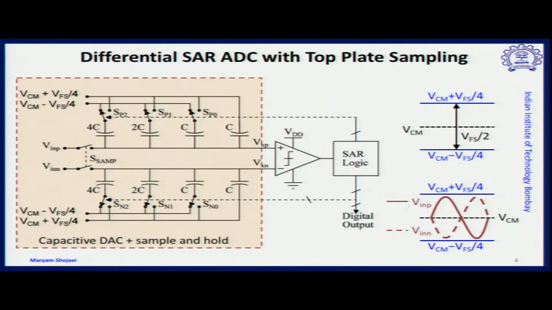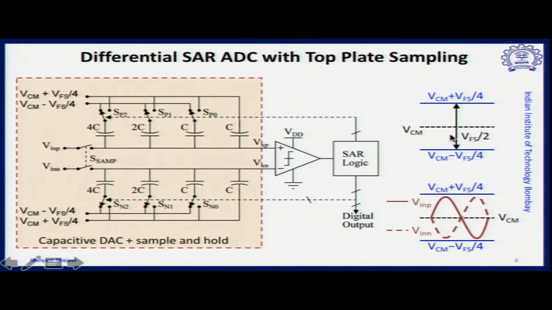In this slide, you see the main structure of the SAR ADC with focus on the DAC part. And as you see, we have different voltage levels and we have a fully differential architecture. For clarity, the voltage levels are shown on the right side.